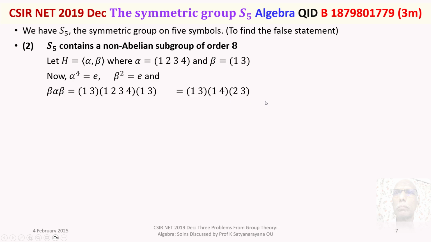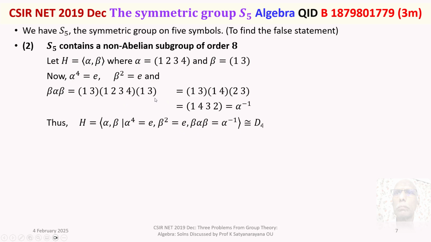Now again multiply, and you will get (1 4 3 2), which is the inverse of alpha. Thus we got alpha to the power 4 is identity, beta square is identity, beta alpha beta is alpha inverse, and this is precisely the defining relations for D4.